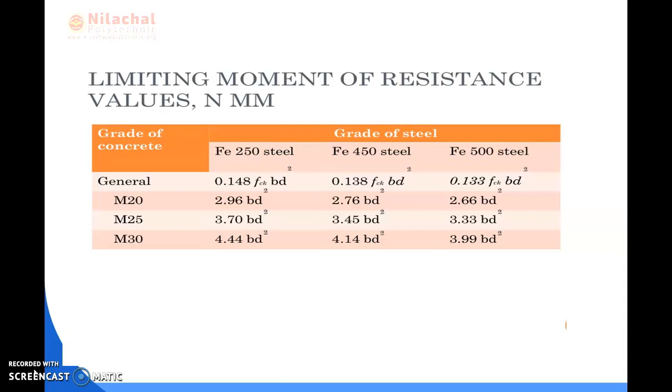When the grade of concrete is not given, or we can assume the value, then we use the general formulas given on the basis of grade of steel. Then we can calculate the limiting moment of resistance.